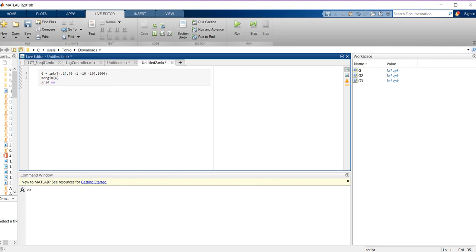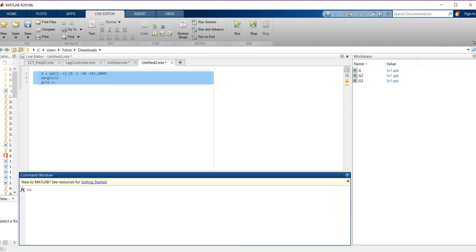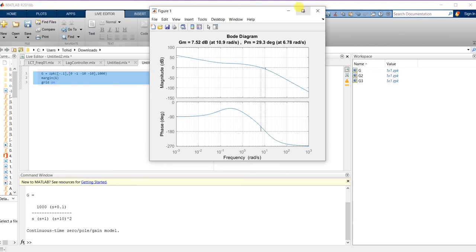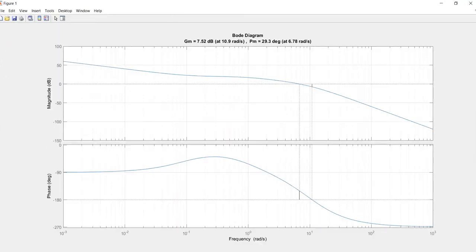Using the margin command, we can plot the bode diagram, and at the same time we will have the gain margin and phase margin shown on the graph. So here you can see them. We have the gain margin equal to 7.52 at the frequency 10.9, and the phase margin is equal to 29.3 degrees at the frequency 6.78.